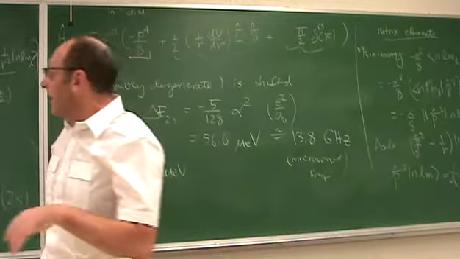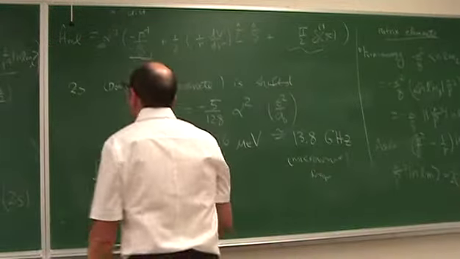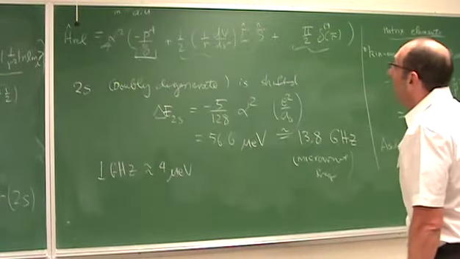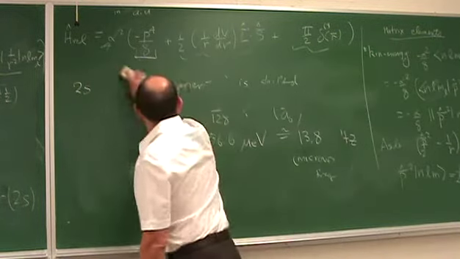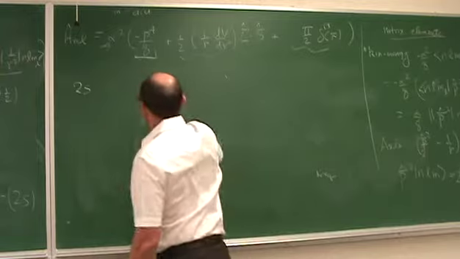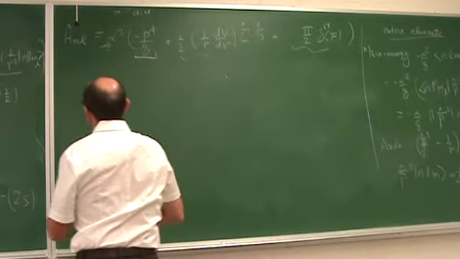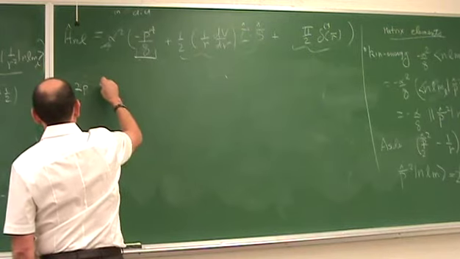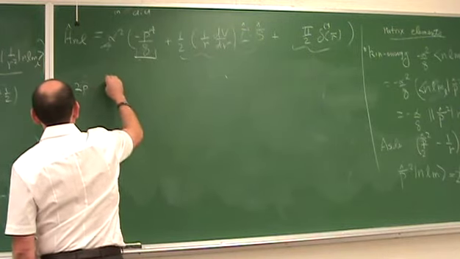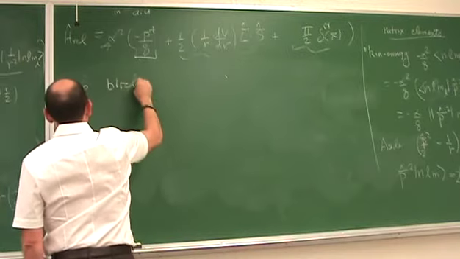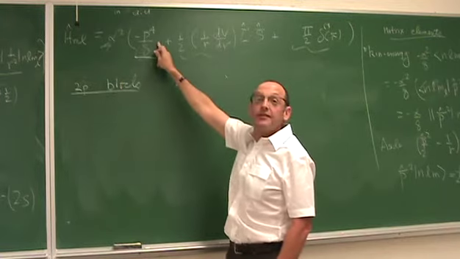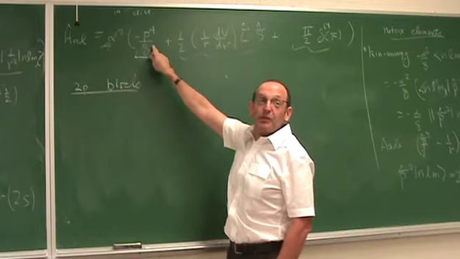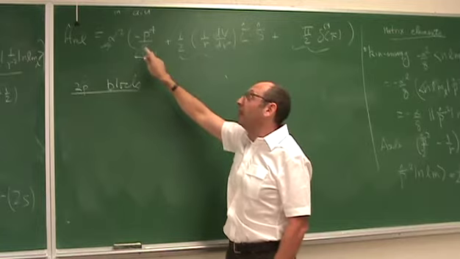So let's think now about the 2p block. Well, the 2p block is going to have, firstly, we know, as we just discussed, there's no off-diagonal elements of this kinetic energy term between different L. So there's no off-diagonal elements between 2s and 2p coupled by the kinetic energy.